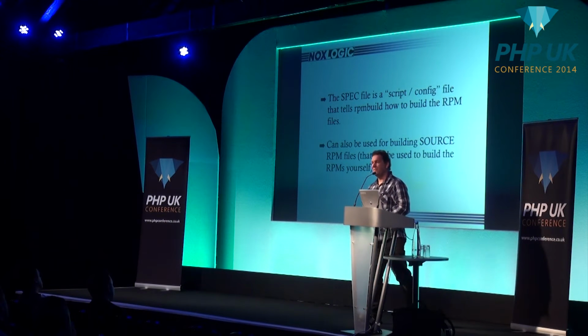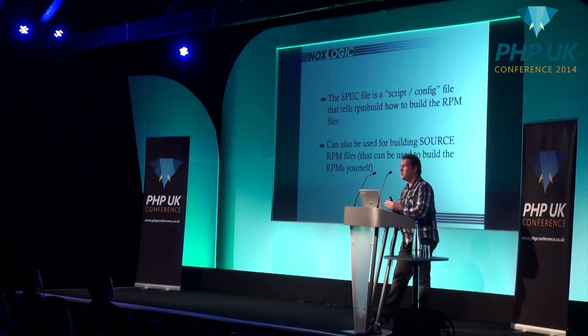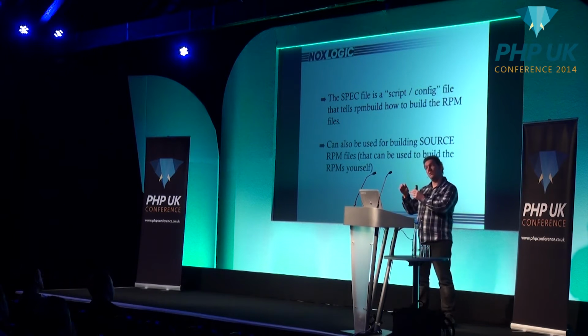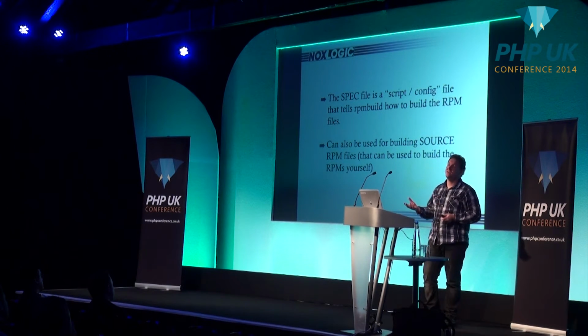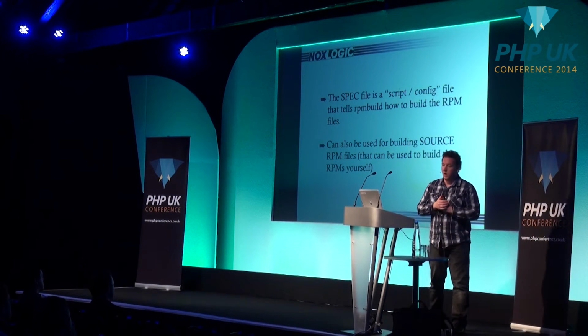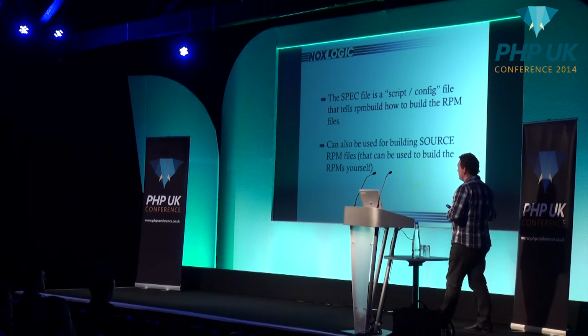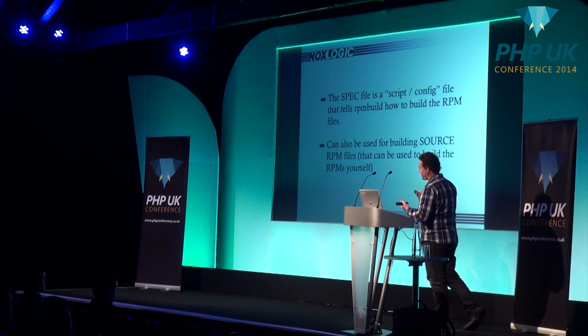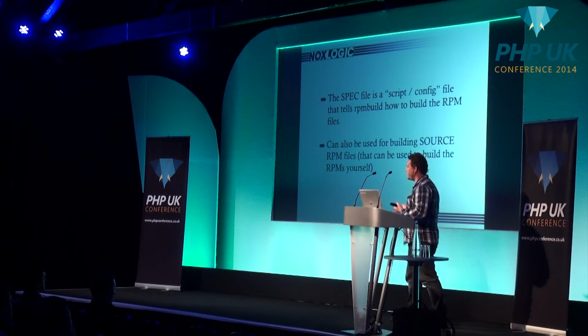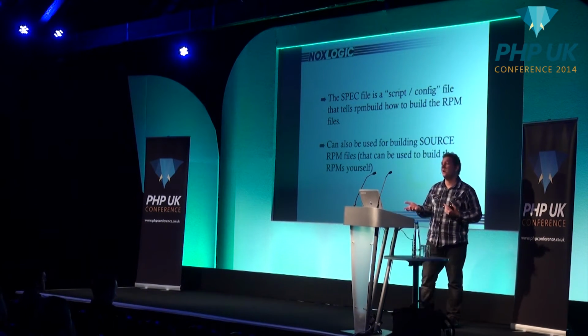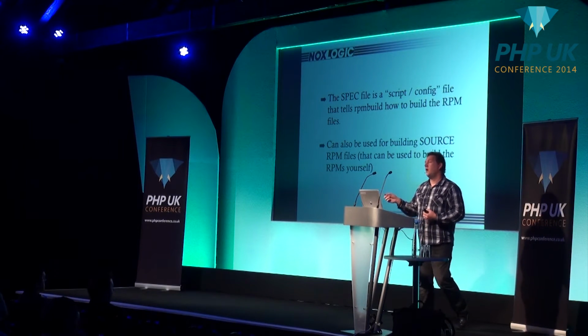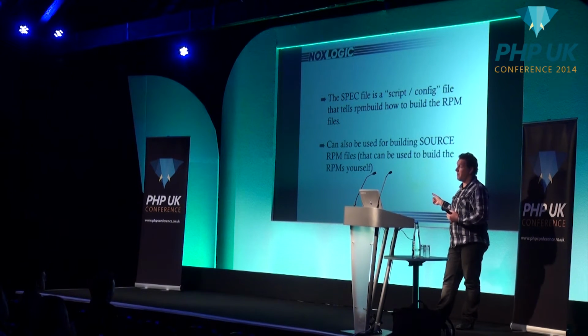And source RPM files contain all the information needed to build RPM files from them. For instance, if you install an open source system like CentOS, all the packages there are actually created from source RPM packages.